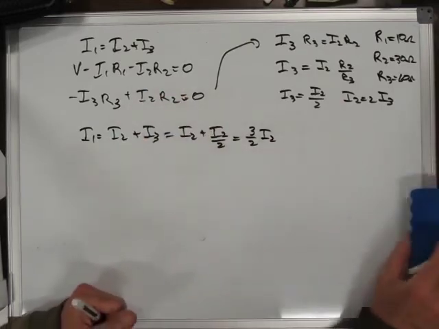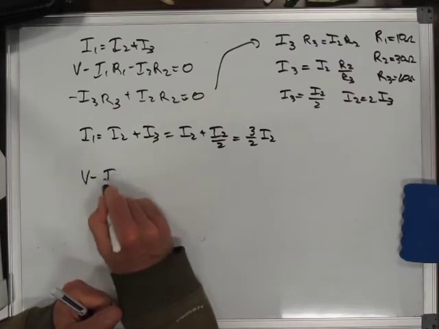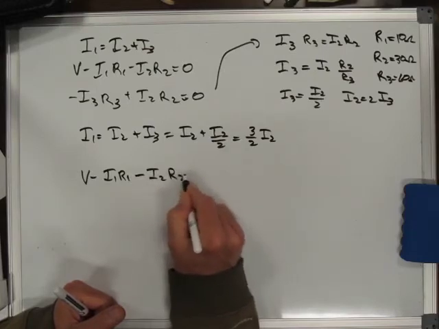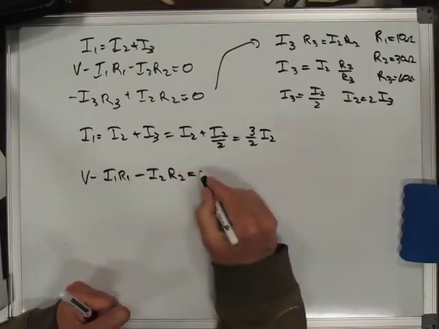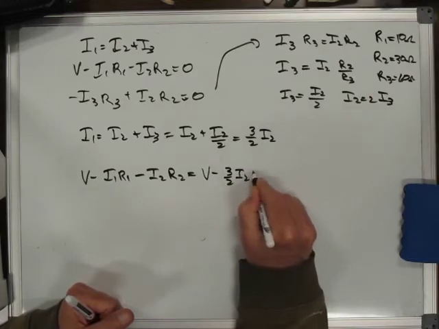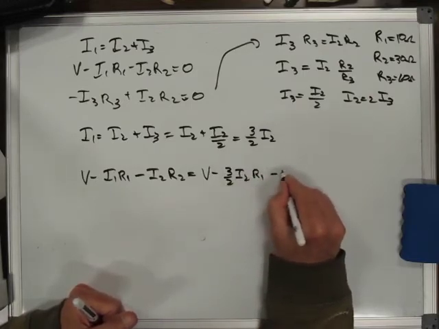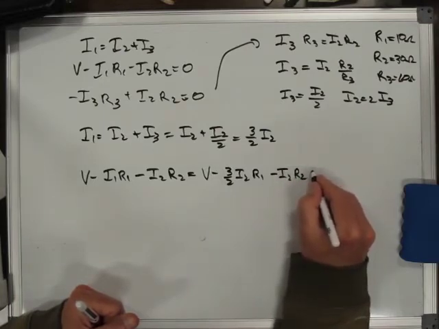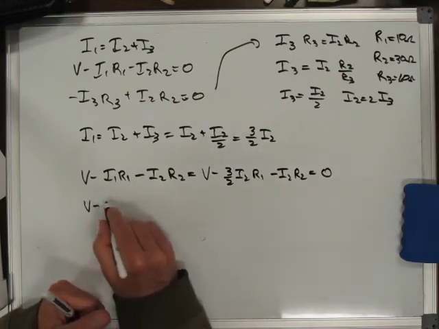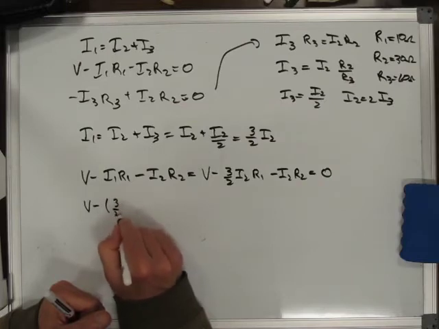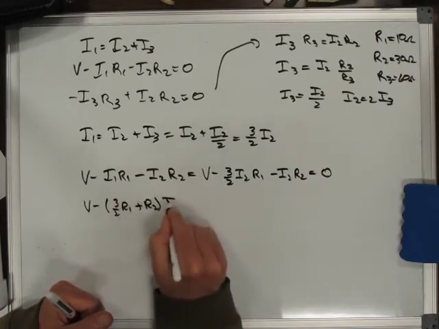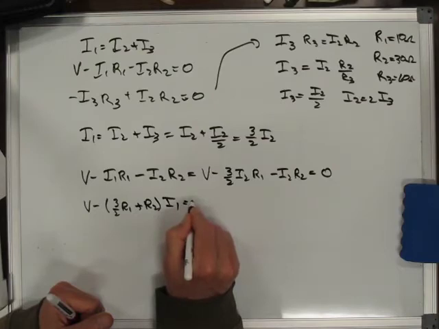And now I can substitute that into my third equation, where I get V minus I1 R1 minus I2 R2 is equal to 0. Substituting in for I1, I say V minus 3/2 I2 R1 minus I2 R2 is equal to 0, and so I can combine those, and that becomes V minus (3/2 R1 plus R2) times I2 equals 0.